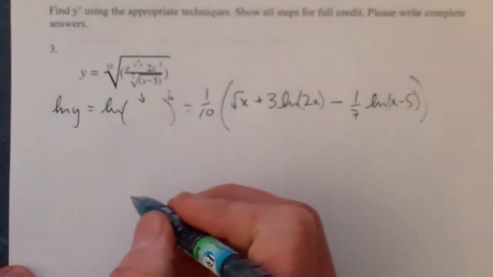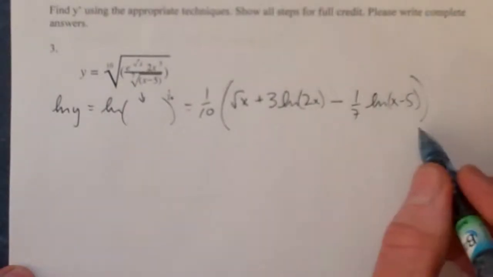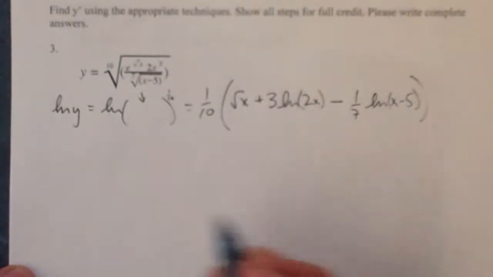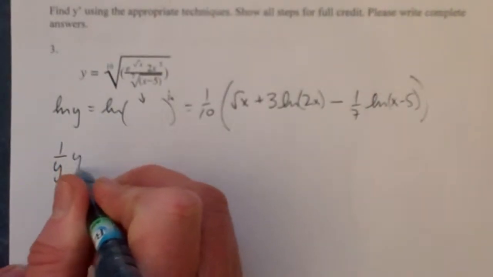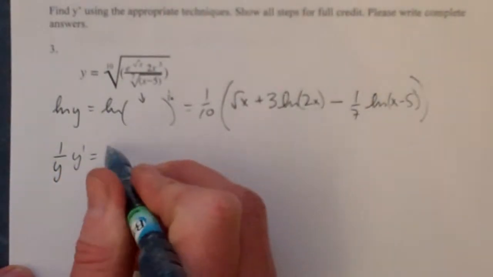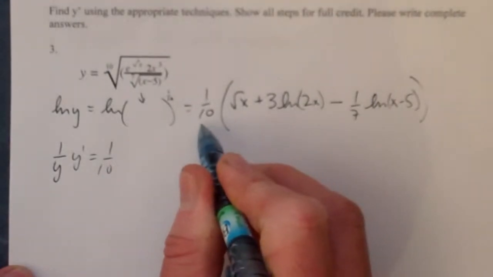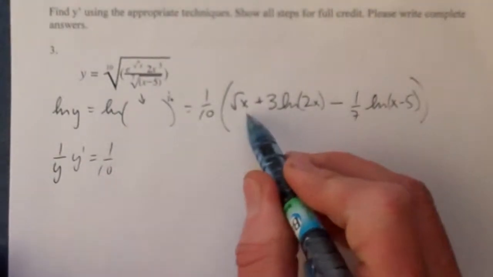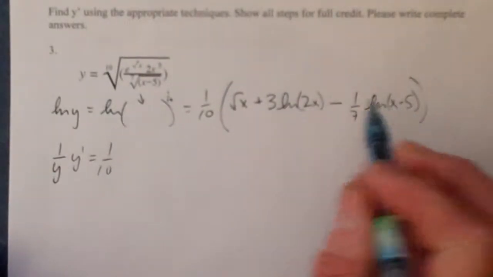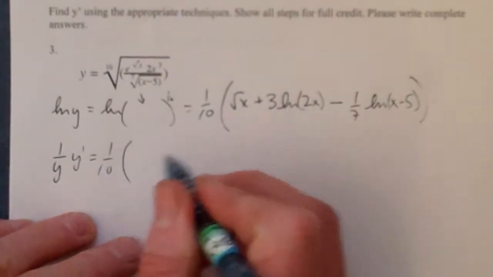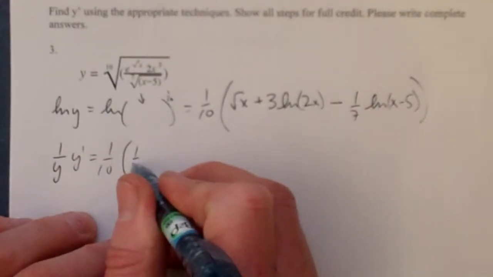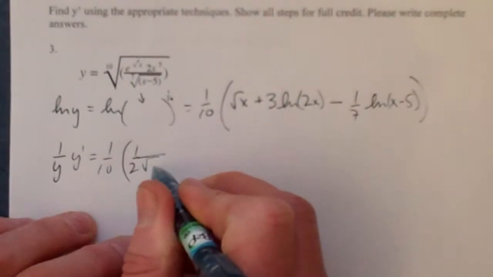Then we can differentiate this, all right, because it's all spread out. So it's going to be 1 over y times y prime is equal to, and then that 1/10 stays out front. That's just a constant. Inside here, that's something plus something minus something. So the derivative of radical x, x to the 1/2, is 1/2 over the square root of x.